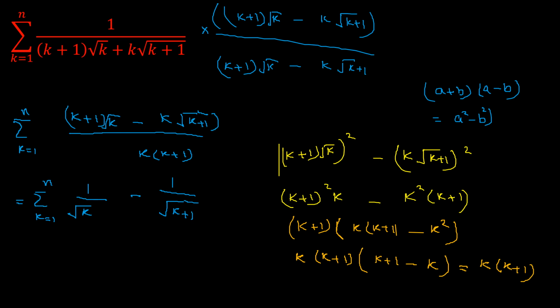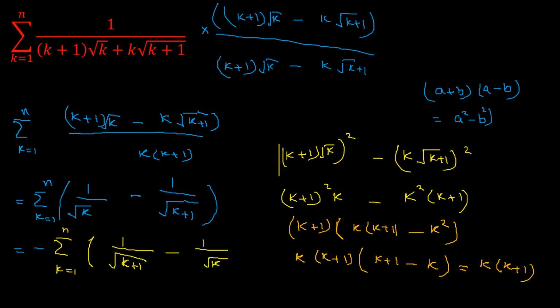If we take the negative as common, it is negative of the summation k equals 1 to n of 1 over square root of k plus 1 minus 1 over square root of k.